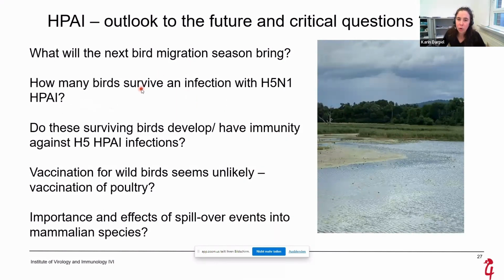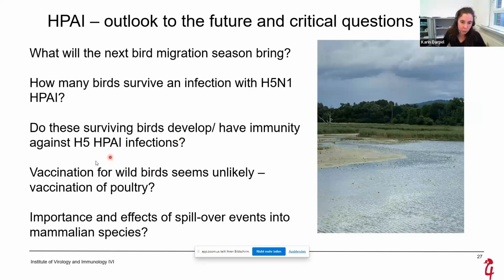The problem is that, of course, not all the birds die, but it isn't necessarily clear if they survive or just didn't get infected. And if birds survive the H5N1 or HPAI infection, do they then develop immunity against future infections?